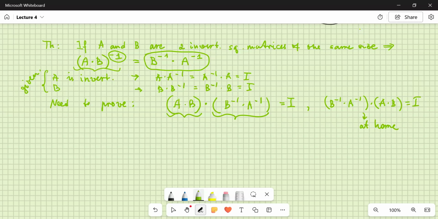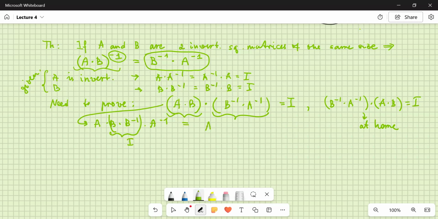I'm going to do this part. I'm going to use the associative property of multiplication, which tells me that this expression over here can be written as A, B, B inverse, by A inverse, and I can put parentheses over here. I know that this expression is equal to identity because B and B inverse is equal to identity.